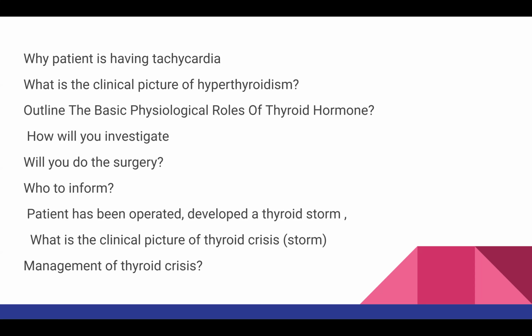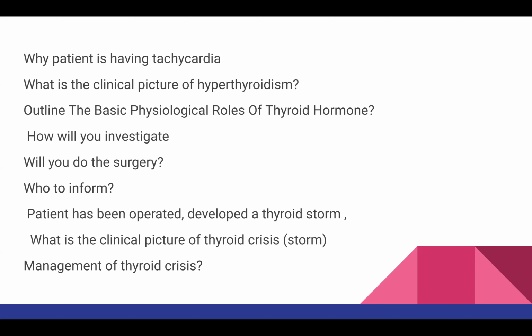Okay, so the patient has been operated and they have developed a thyroid storm. So what will be your management? In thyroid storm, the patient will be having increased temperature, and the vitals will not be stable. Like there will be tachycardia and hypertension. So first we have to manage that. So we must start the patient with IV paracetamol to decrease the temperature.